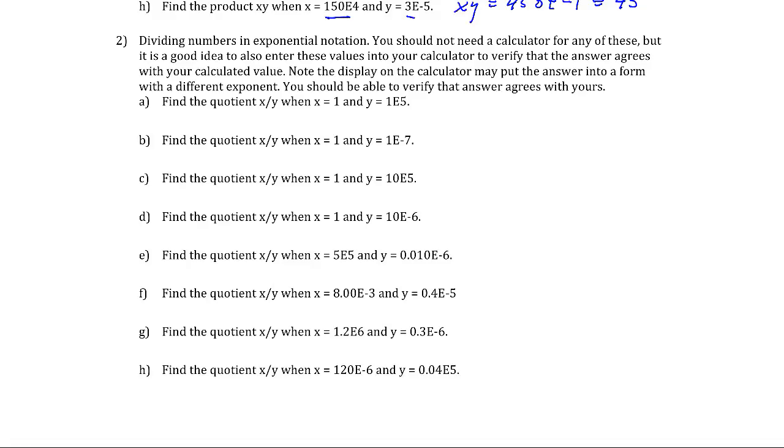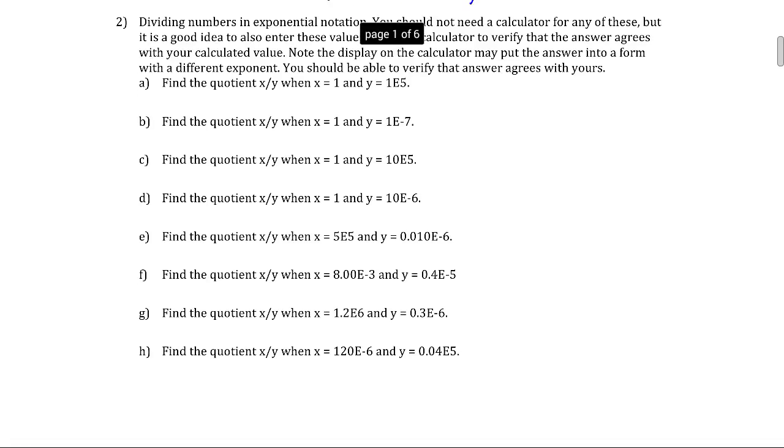Okay, in this problem we're going to take some quotients using exponential notation, and I've got parts A through H here. You'll notice that the first four parts have a 1 in the numerator because this is a common occurrence. So x over y is 1 over 1e5.